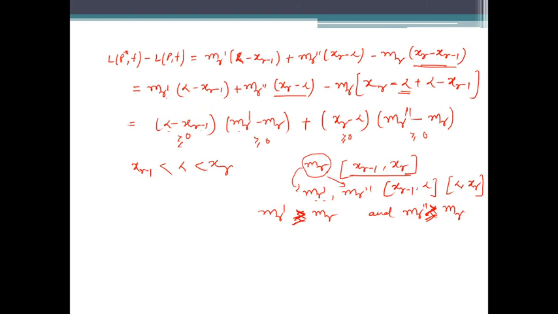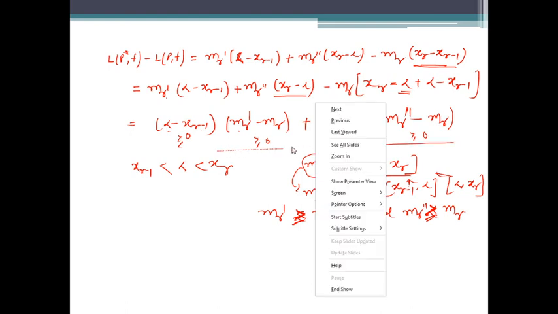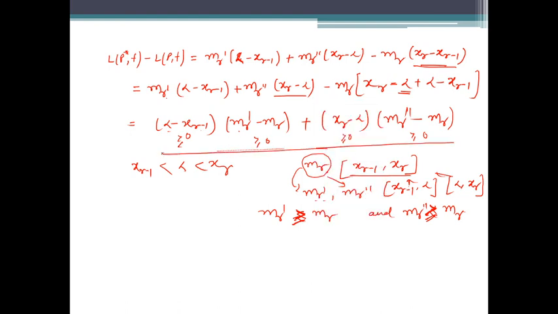That's why small m r dash and small m r double dash are greater than or equal to small m r. So all these values are greater than or equal to 0. So this implies that L(P star, f) minus L(P, f) will be greater than or equal to 0.